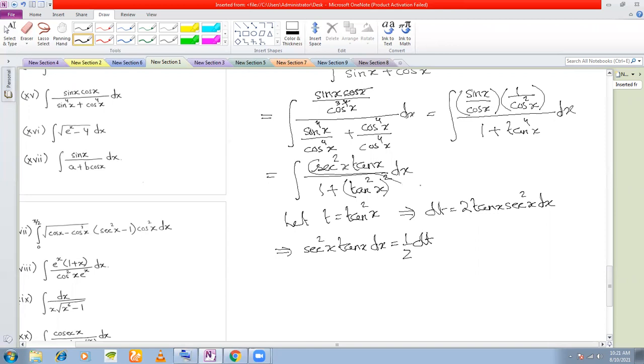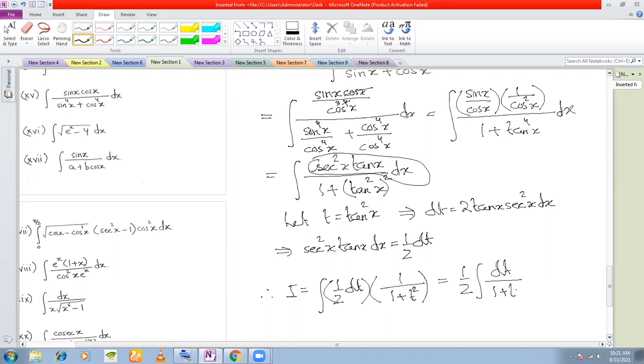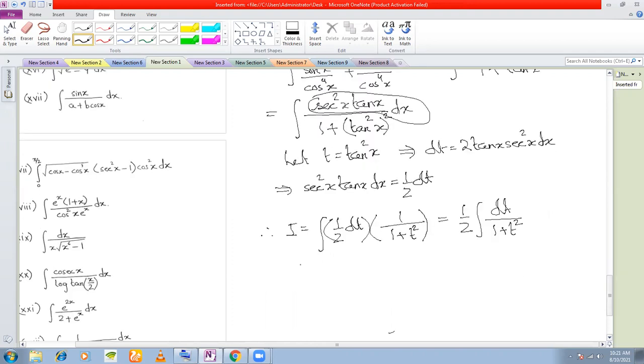That means this part here becomes half dt. Therefore, I becomes integral half dt, and I have 1 by 1 plus t square. So if I arrange this, take half outside, I get dt by 1 plus t square. And as I told you, the integration of dx by 1 plus x square is tan inverse.